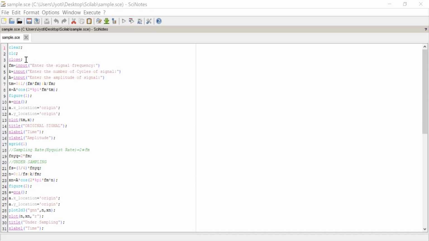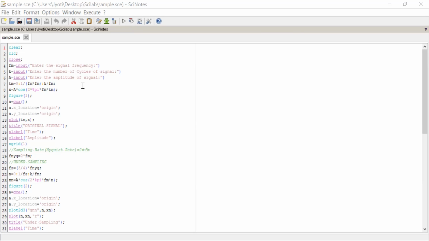Next is fm = input, enter the signal frequency. What is the signal frequency of the given input signal? That we need to enter through the keyboard, whichever frequency you want. Next, k = input, enter the number of cycles of the signal.